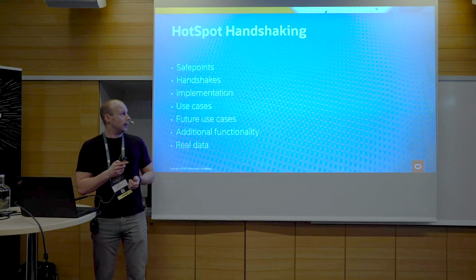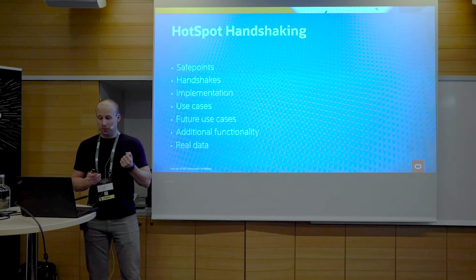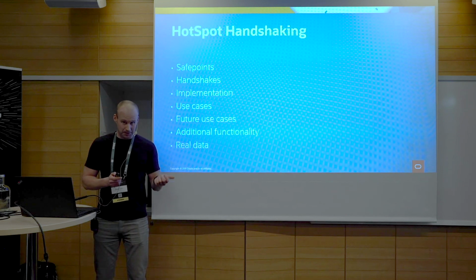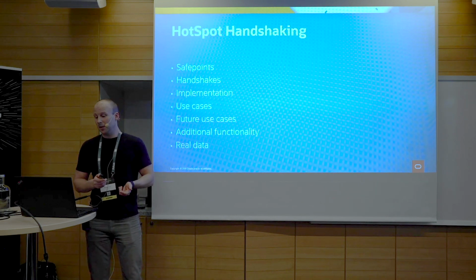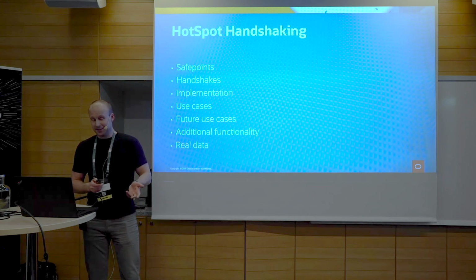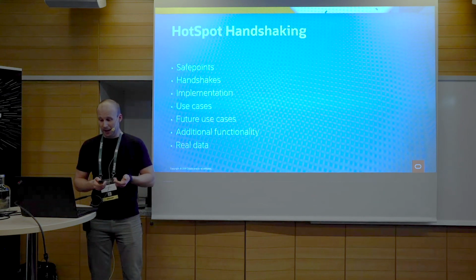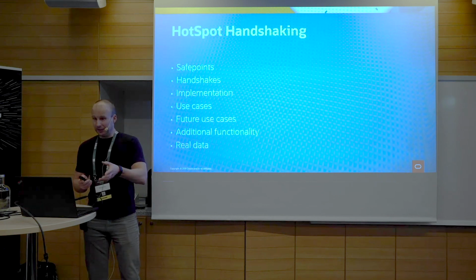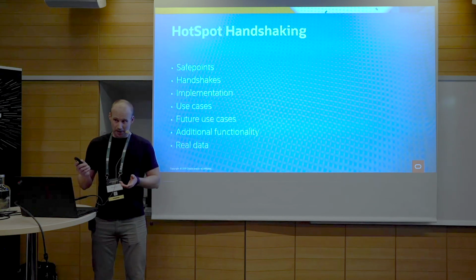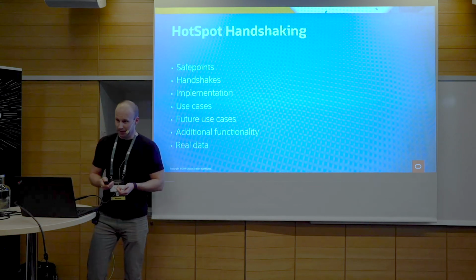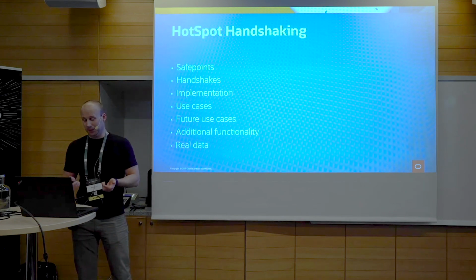Then we look at handshakes, how they're implemented right now, what use cases we have, future use cases, what additional functionality we need for those use cases, and we have some real data comparing a safepoint to a handshake, so we can see why they are better if they can be used.